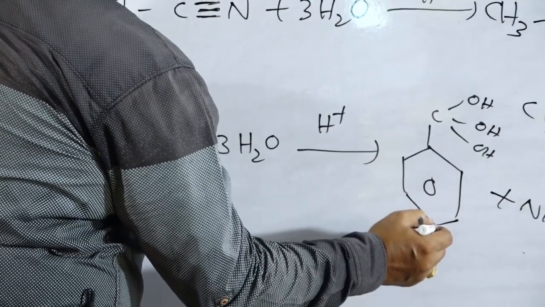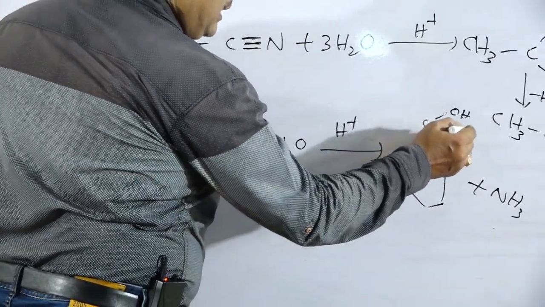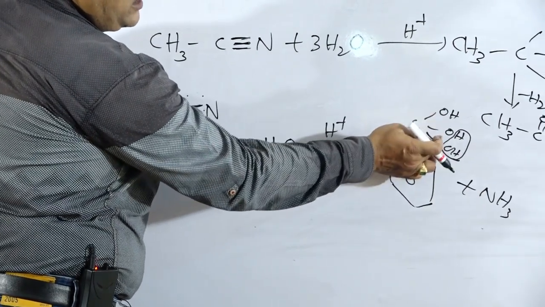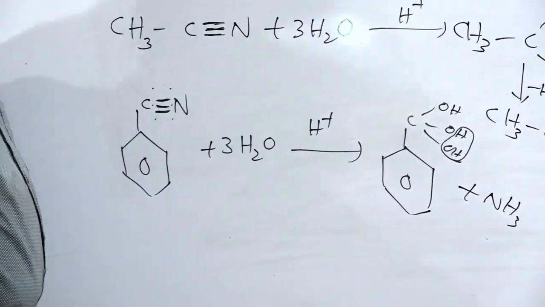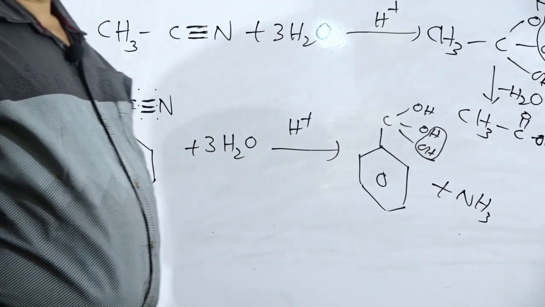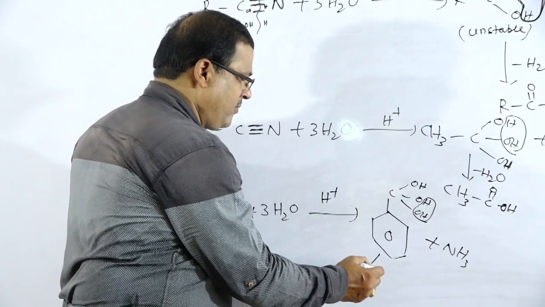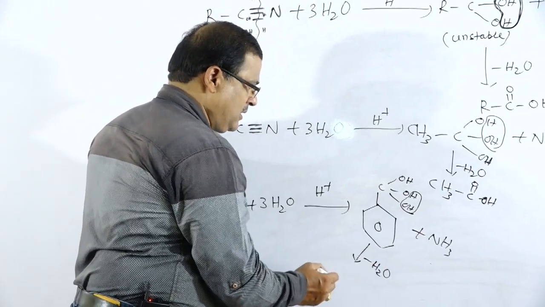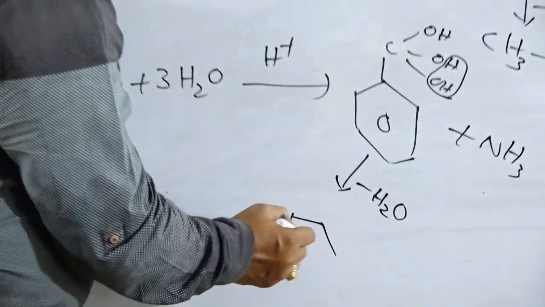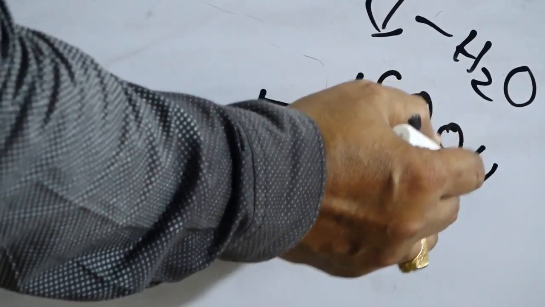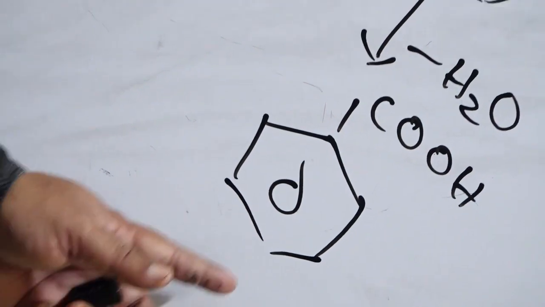This compound will be unstable, and H and OH are removed in the form of water. The same carbon atom that contains 3 OH groups is unstable and is stabilized by loss of a water molecule. Minus water, so there is the formation of benzoic acid.